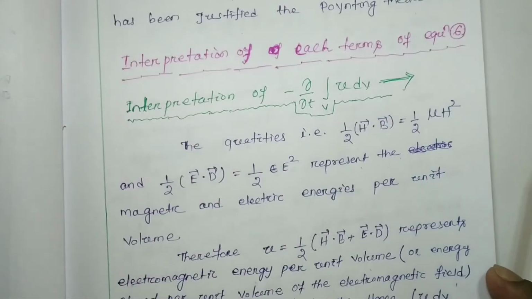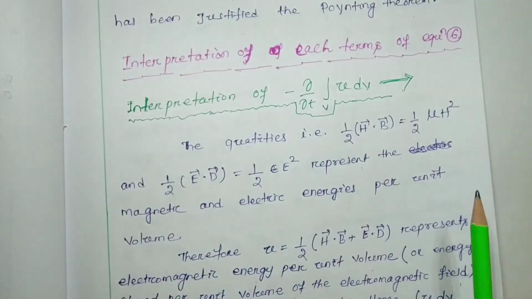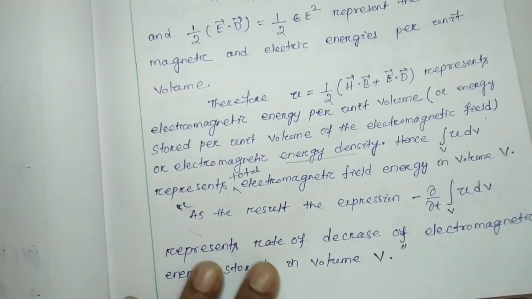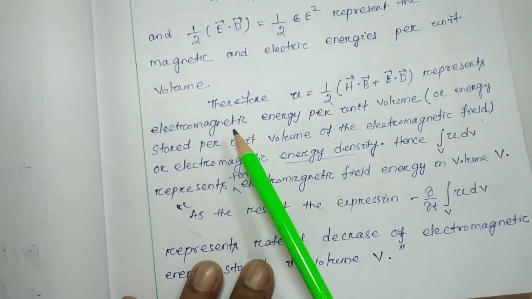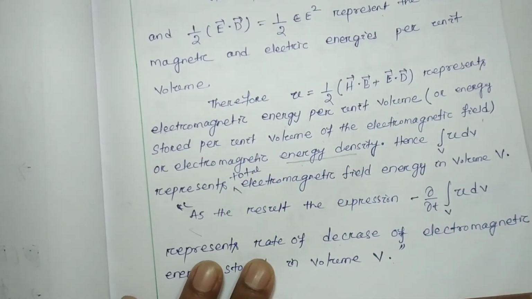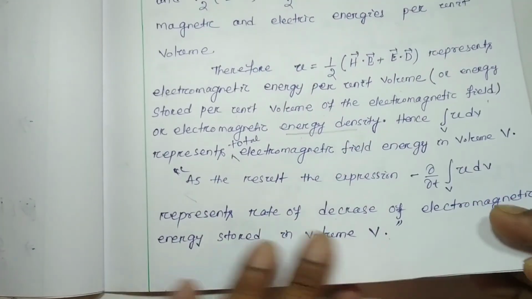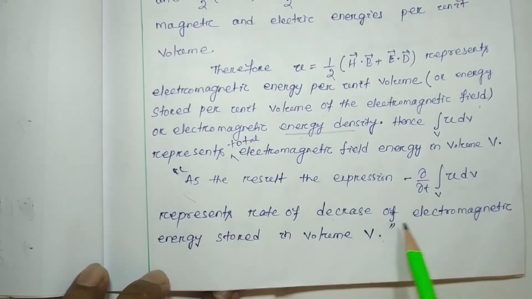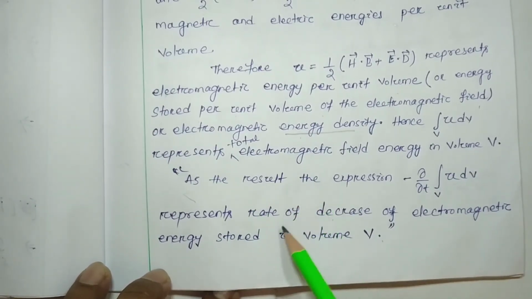First, this term represents the rate of decrease of electromagnetic energy stored in the volume. This much you have to write in your exam.